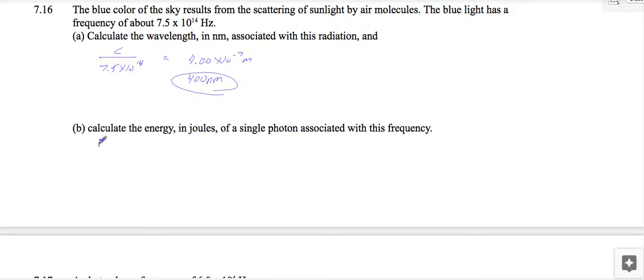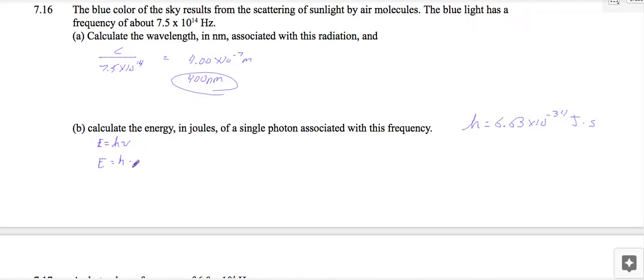Here's the other equation we said we would be using quite a bit here. So the energy is going to be equal to Planck's constant. I'm going to write it out over here. Again, h is equal to 6.63 times 10 to the minus 34th, and that is joule times second. So we have h times nu.